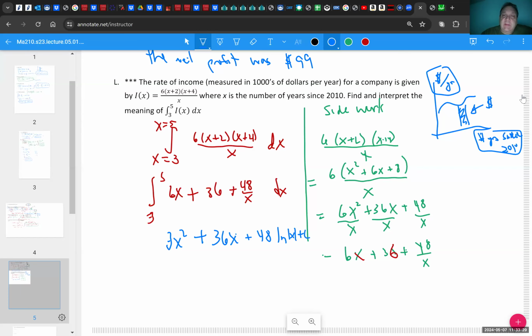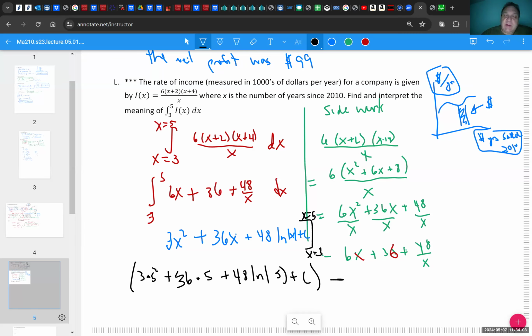We do have to evaluate this at the endpoints. So we're going to have to put in the values of x equals 3 and x equals 5. When I plug in 5, I get 3 times 5 squared plus 36 times 5 plus 48 times the natural log of 5, plus c.